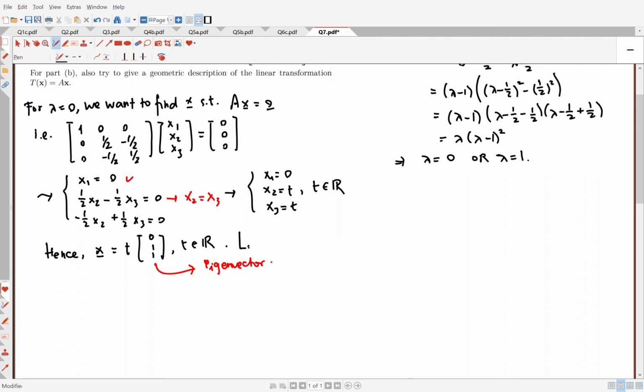Let v1 equals (0, 1, 1) be an eigenvector of lambda equals 0.